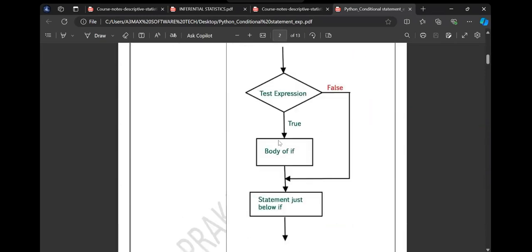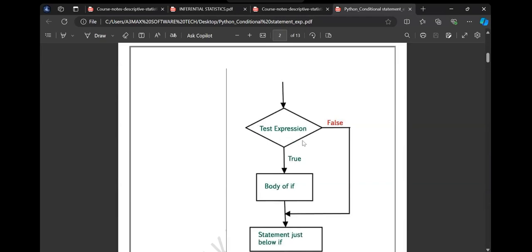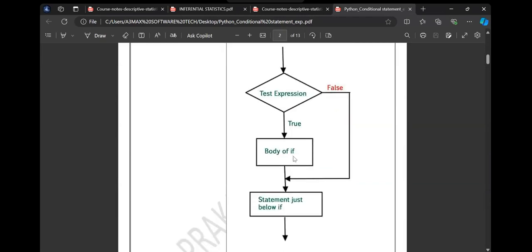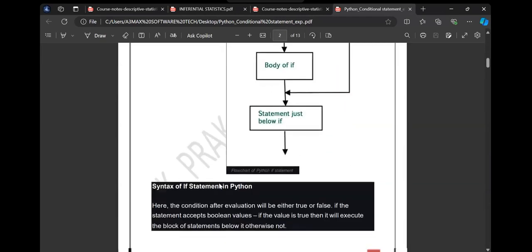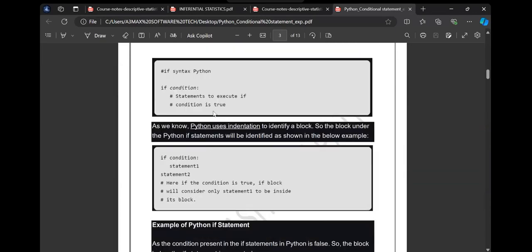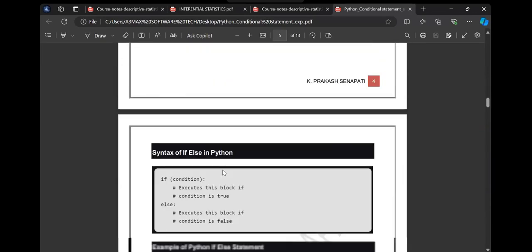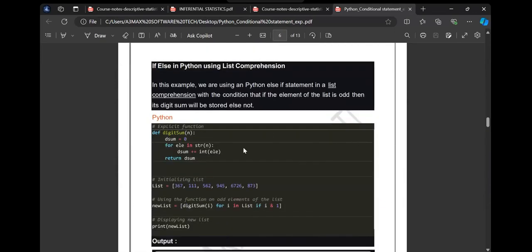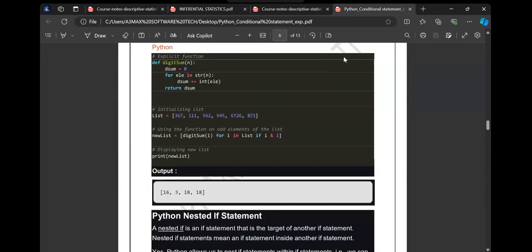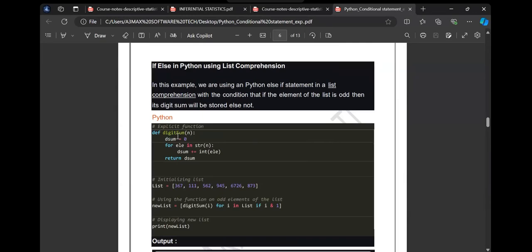This is the documentation. If the test expression is true, get into the if body and then the statement. So these are all details you already know, but for a document, I have to share it. So this is the proper file I shared. This is for explanations and read these explicit functions.